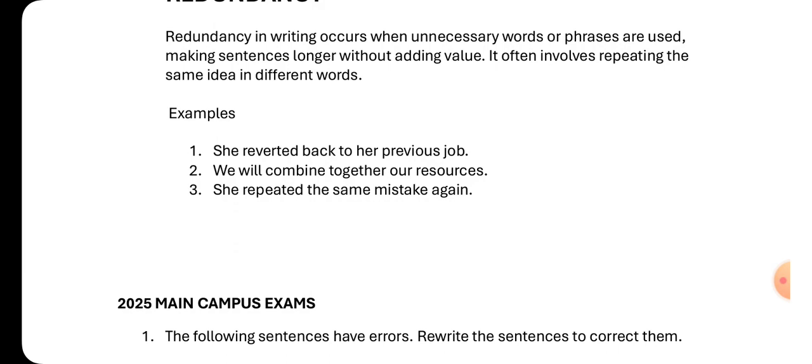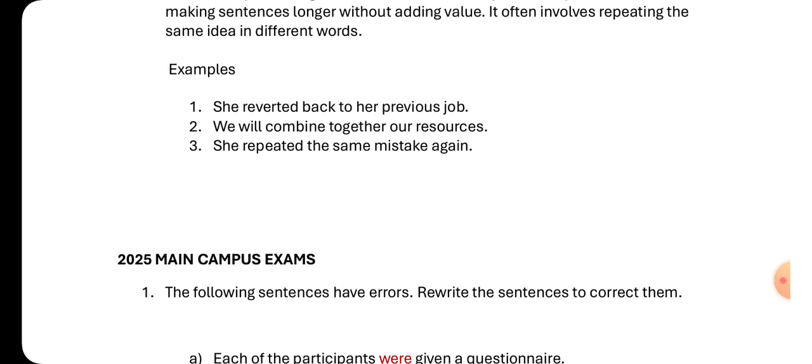Another one is: she will combine together our resources. Combine and together are the same. So either you say she will combine our resources, but bringing together makes it redundant. And also we see: she repeated the same mistakes again.